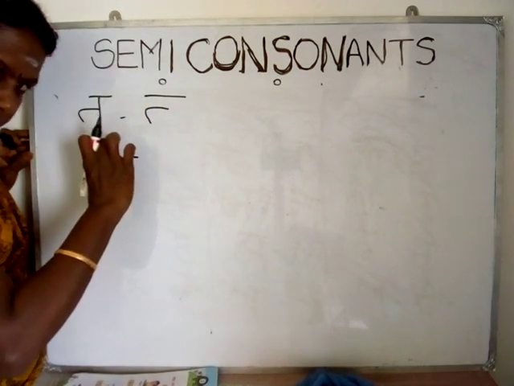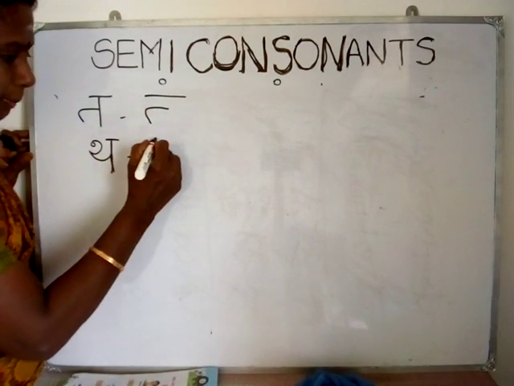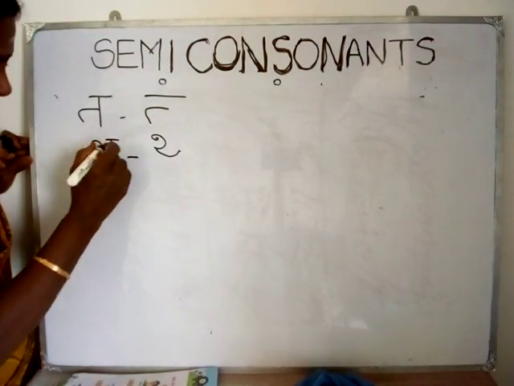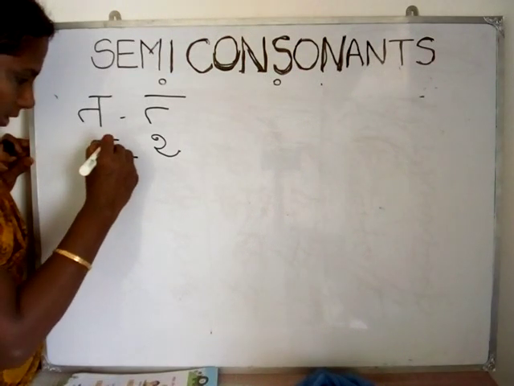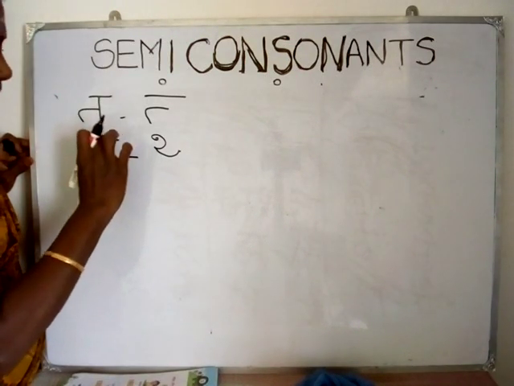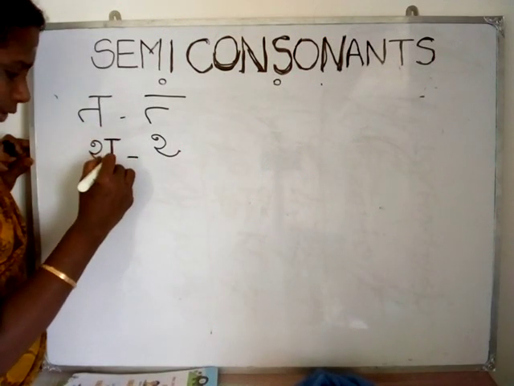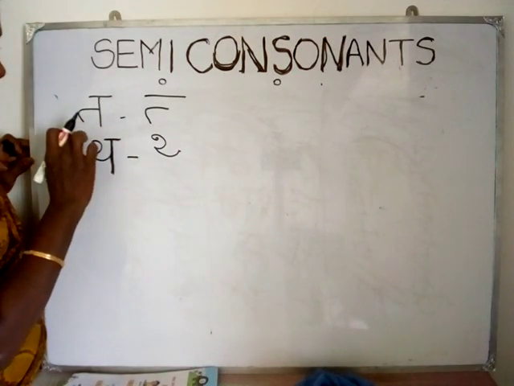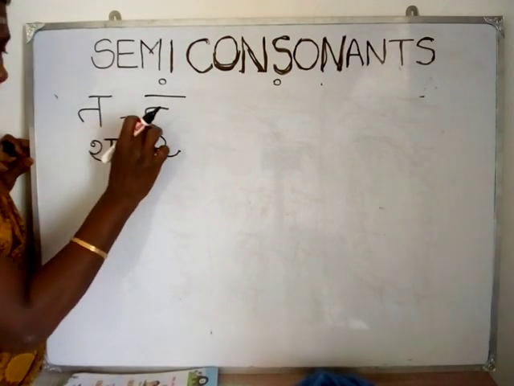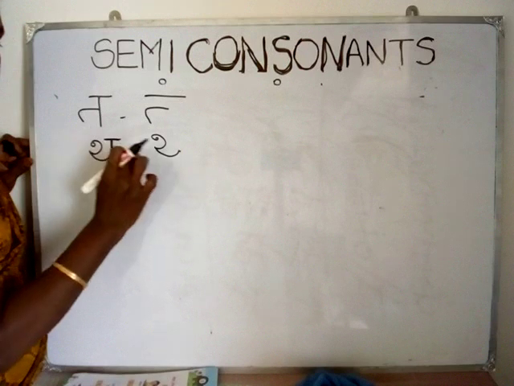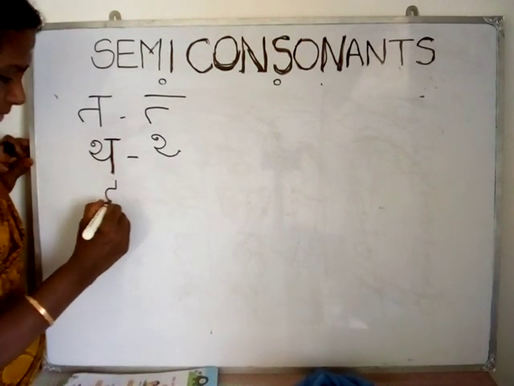Since you are removing this line, you should not put the sleeping line here. Understood? Once again I am repeating. You have to put this line only for this one. Here no line should come. This is ta, it.